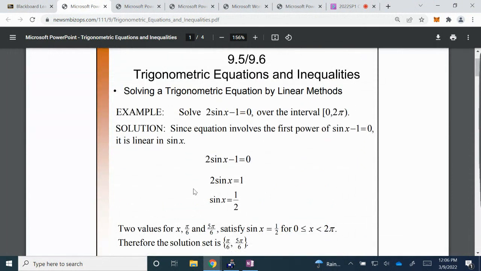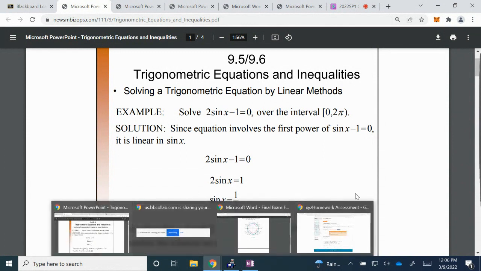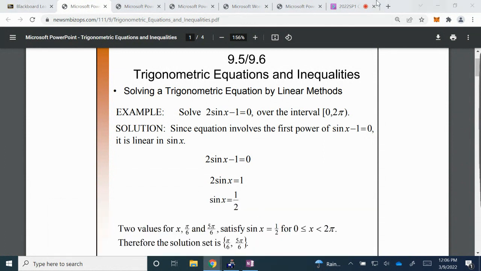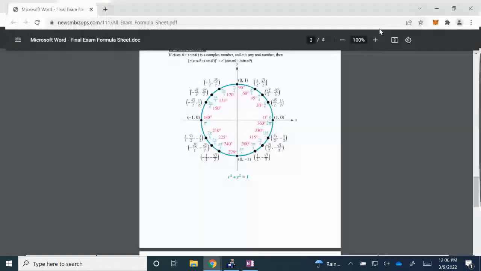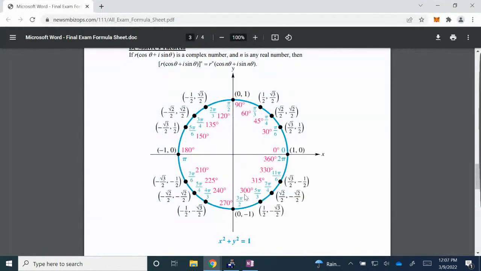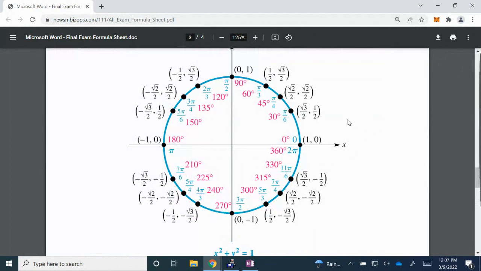And when we solve trig equations, you want to keep in mind that the answer to any trig equation is an angle measure.